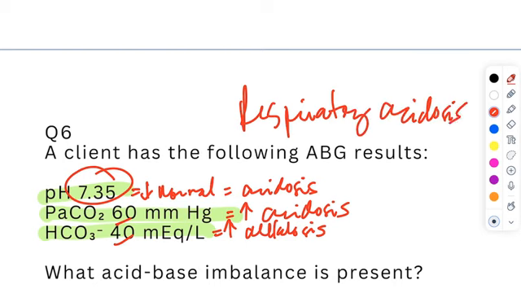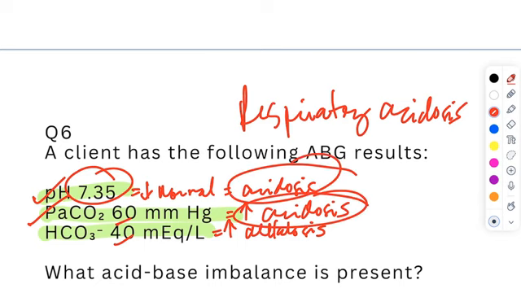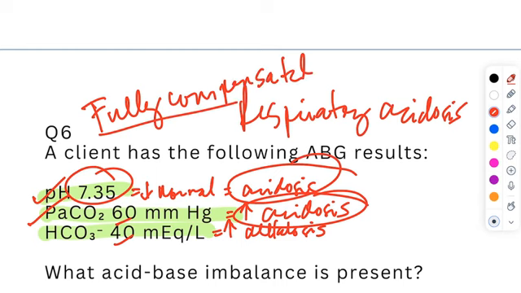And the reason why we say respiratory, because the pH and the PaCO₂ are on the acidic side. Now, because the kidney is retaining a lot of the bicarb, the correct answer would be fully compensated respiratory acidosis.